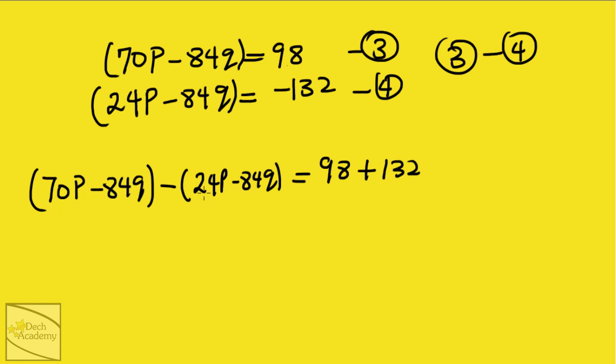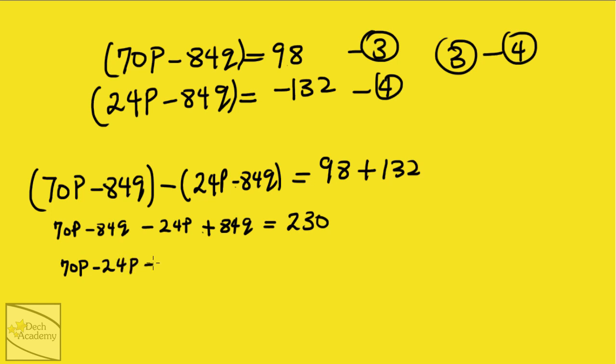So dropping the brackets gives 70P minus 84Q minus 24P, minus times minus plus 84Q equals 98 plus 132, which is 230. Bringing like terms together on the left hand side gives 70P minus 24P minus 84Q plus 84Q equals 230.